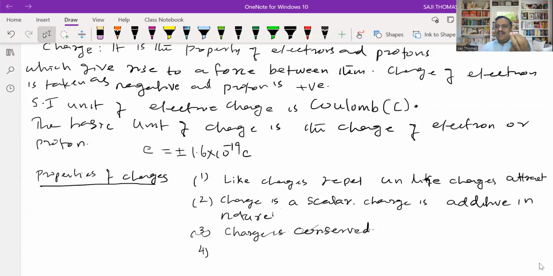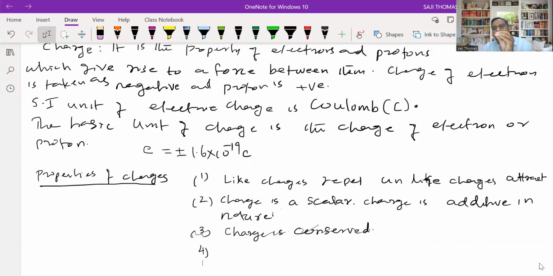So charge on an object is an integral multiple of a basic unit of charge. An object can have a charge equal to an integer times a basic unit of charge. A basic unit of charge is a fixed amount of charge, which we take as the charge of an electron or proton. This phenomenon is known as quantization.